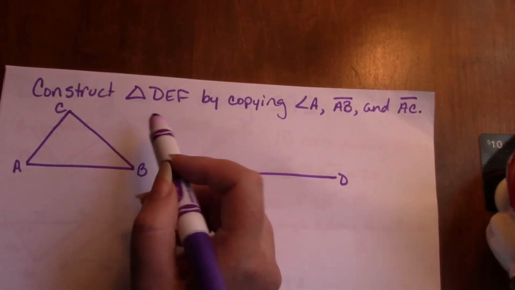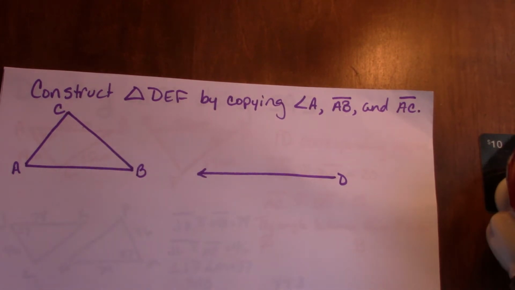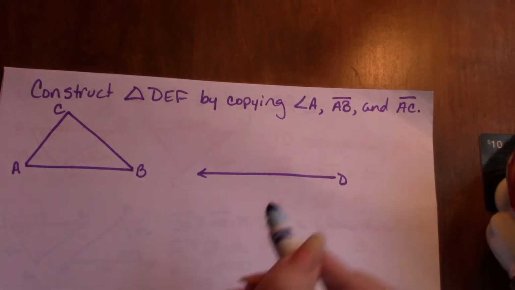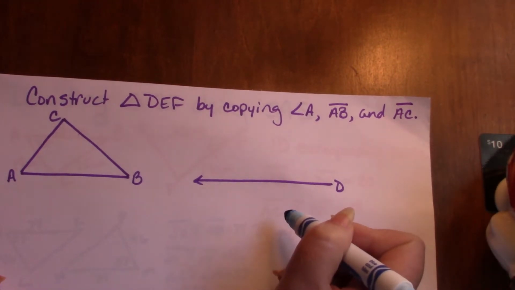Here we have the directions: construct triangle DEF by copying angle A, line AB, and line AC.